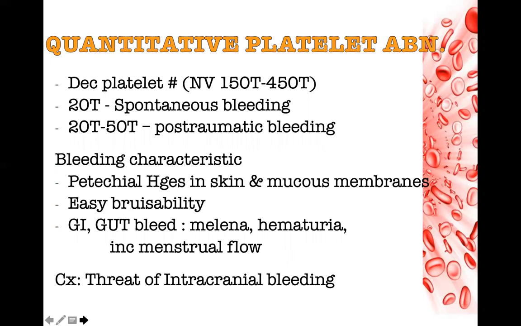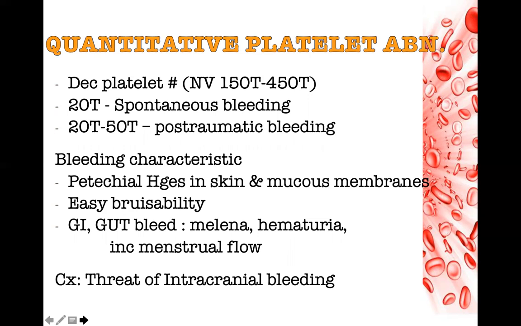So the characteristic of bleeding that we see in platelet disorders, they are mostly small hemorrhages or petechial hemorrhages that are often seen in the skin and the mucous membranes. There would also be a manifestation of easy bruising, like if you bump yourself into the table or any hard surface, you would expect increased bruising.